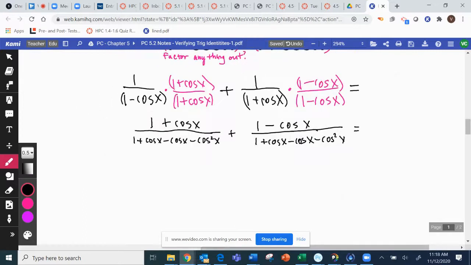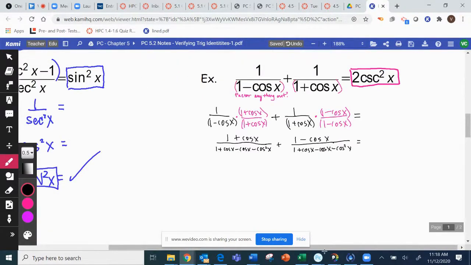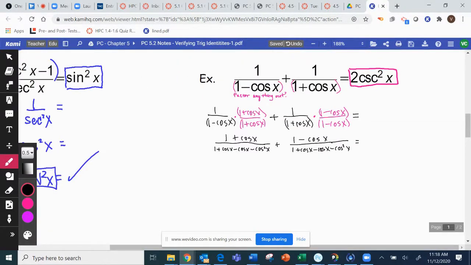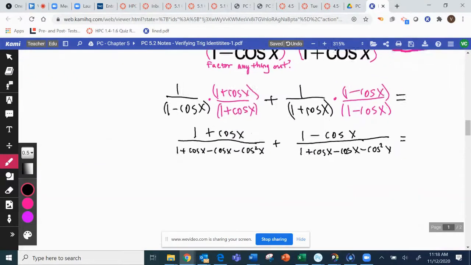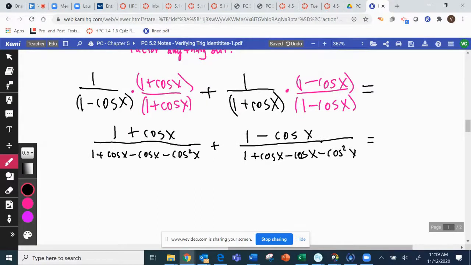Notice how my equal signs are lining up every single time. I'll zoom back in a second, but notice how my form is staying the same. Okay, once I have a common denominator, oh, by the way, the middle terms of that cancel out.